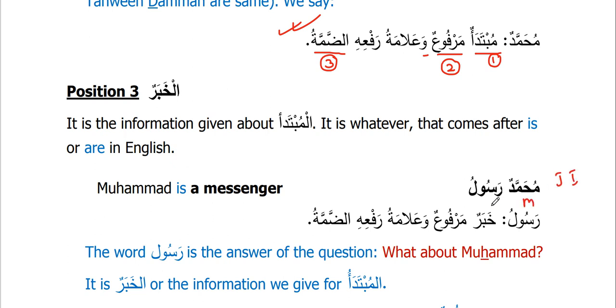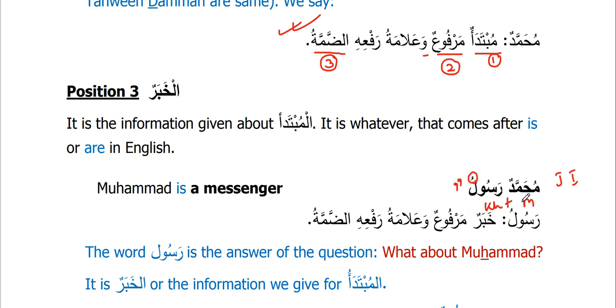Now, first of all, let me clarify that right now they have given only one single dhamma here. It should have been a tanween. Just so students don't get confused, it shouldn't look like a sifa. If you give a tanween over the lam, it will look like a sifa for Muhammad.